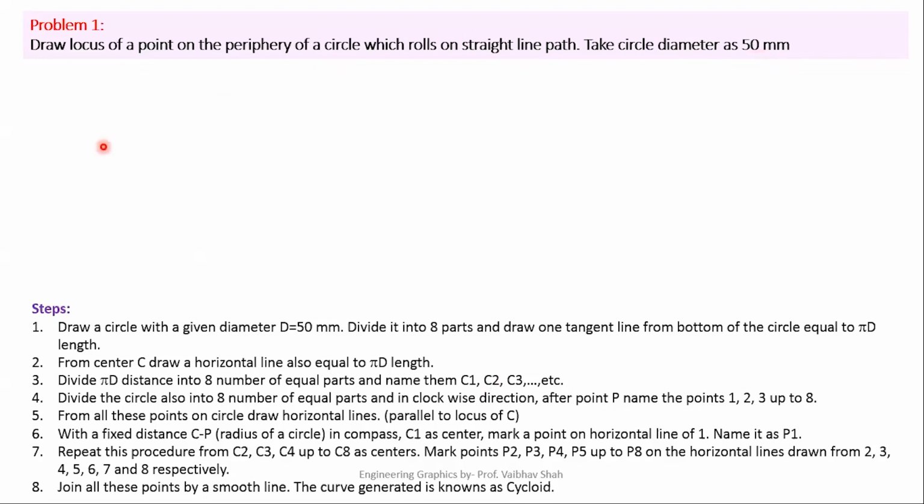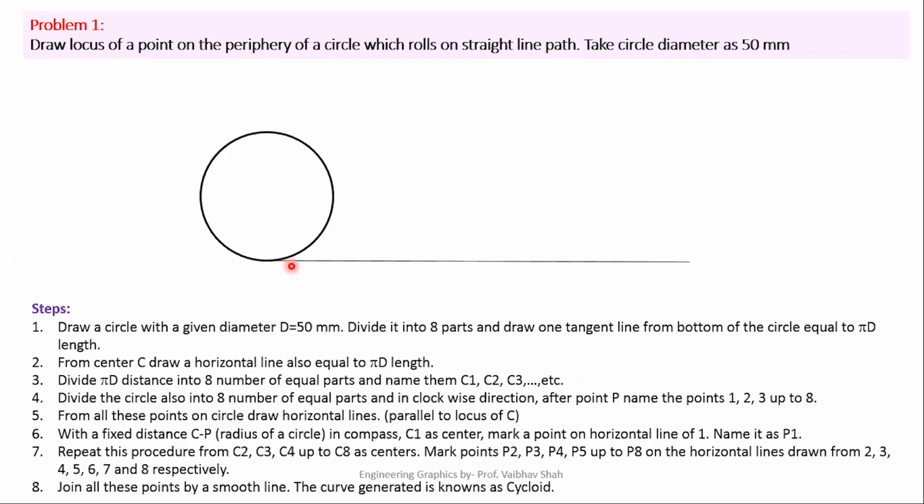So let us start. First of all, we have to draw one circle with the given diameter. Here the diameter is 50 mm, so we'll be taking 25 mm as a radius on our rounder, and we have to draw one circle. After drawing the circle, the second task would be to draw a tangent line.